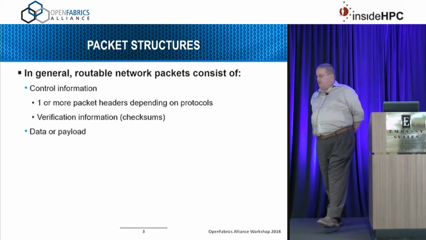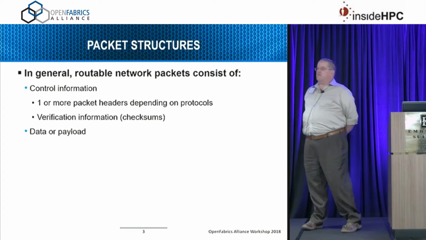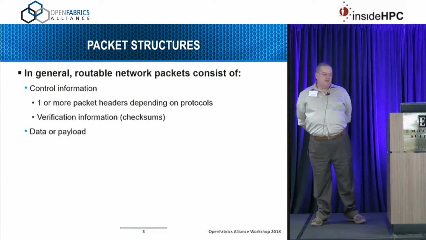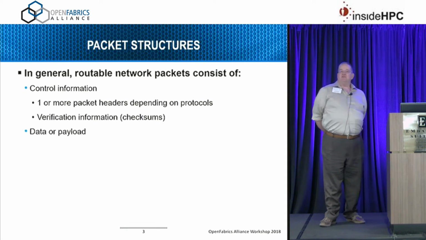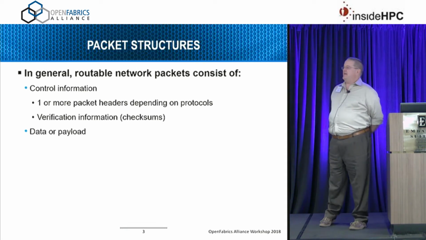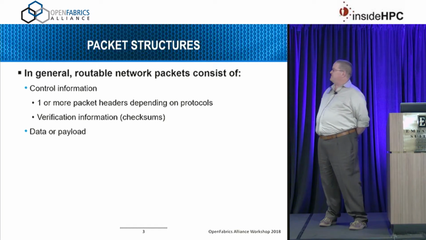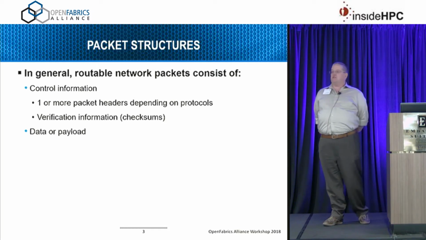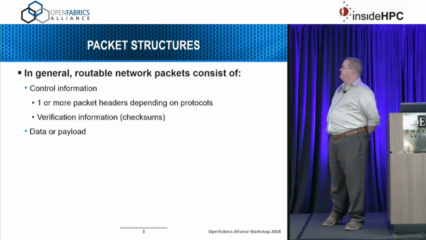I'm not going to go into a lot of gory detail because I think everybody in this room is pretty familiar with it. But in general, packets consist of control information and then a payload. And the control information, of course, has to be processed, and that's generally in a very large software stack somewhere in a switch.